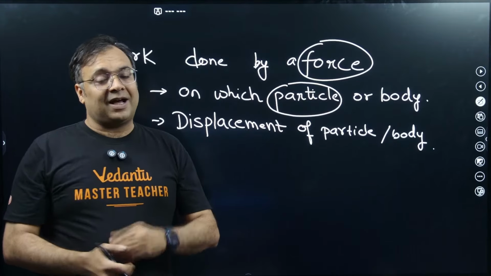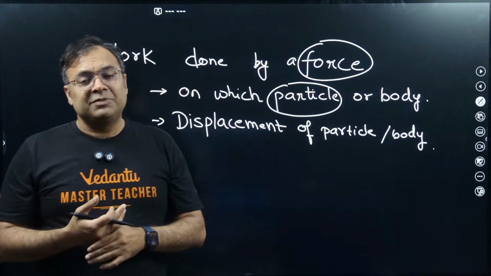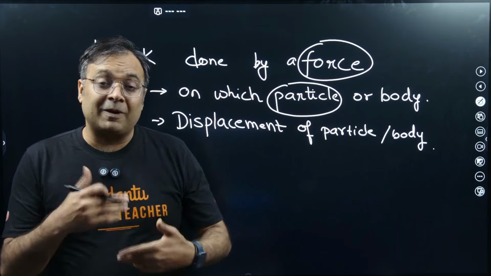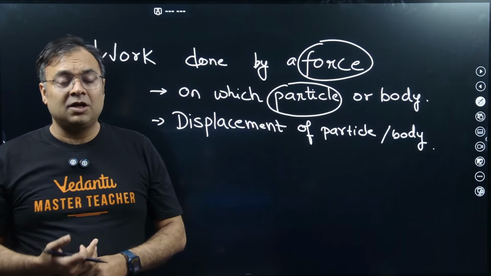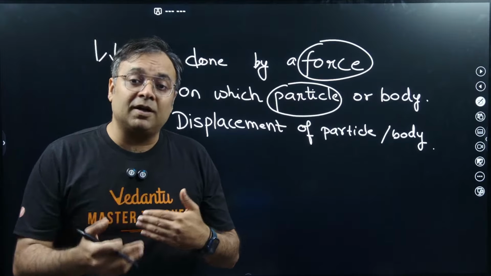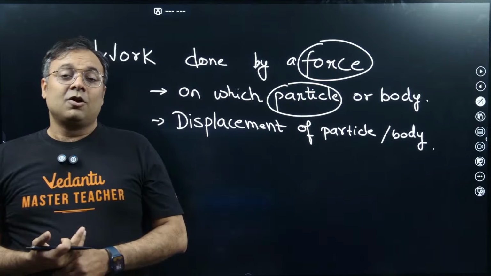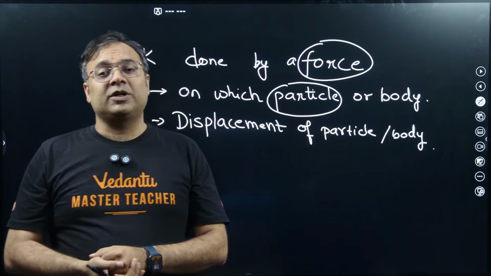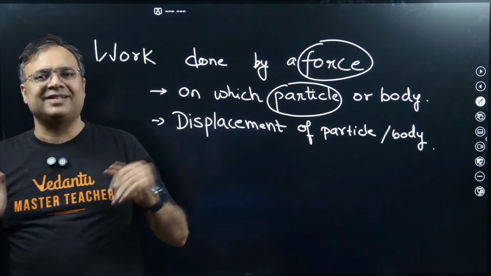Otherwise, I have seen for so long that many students make mistakes in these kinds of questions because they don't pay attention to which force the question has asked for finding the work done, or they sometimes miss the displacement of which body they are interested in, or on which particle the work is required to be done. They also miss that. I'll take some examples to make you understand this as well.